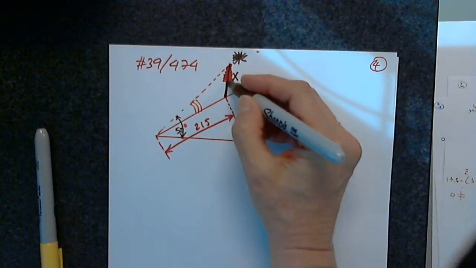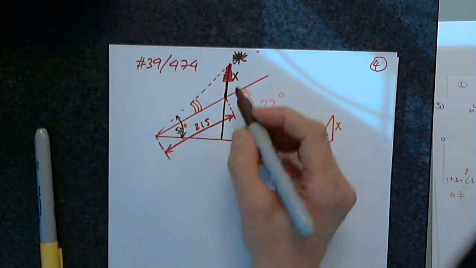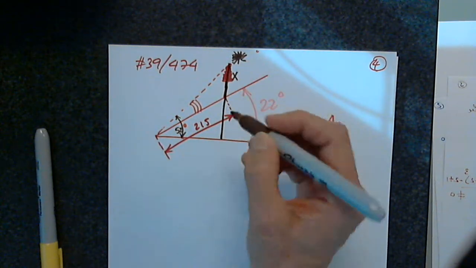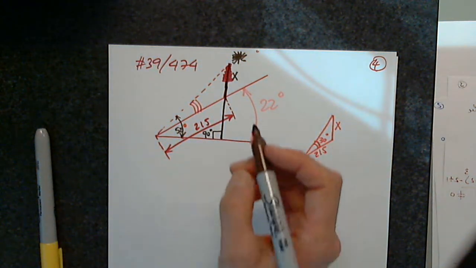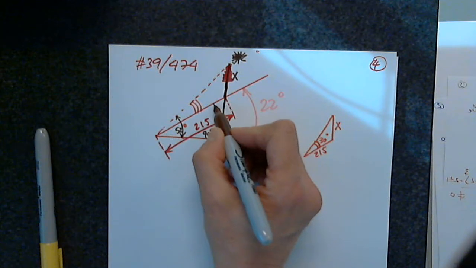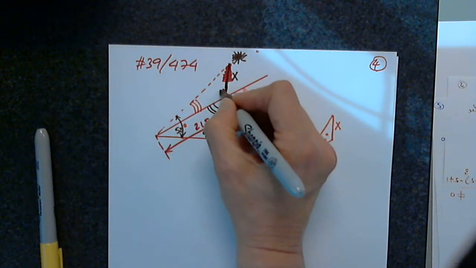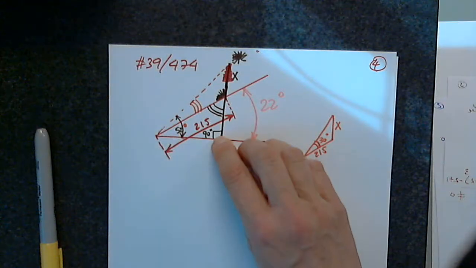I can also determine, yes, I can extend the tree as if I could. I can't, but so I know that this is now 90 degrees. And then I will be able to determine this. If I'm able to determine this, I will have this angle. Yeah. So this is 90.